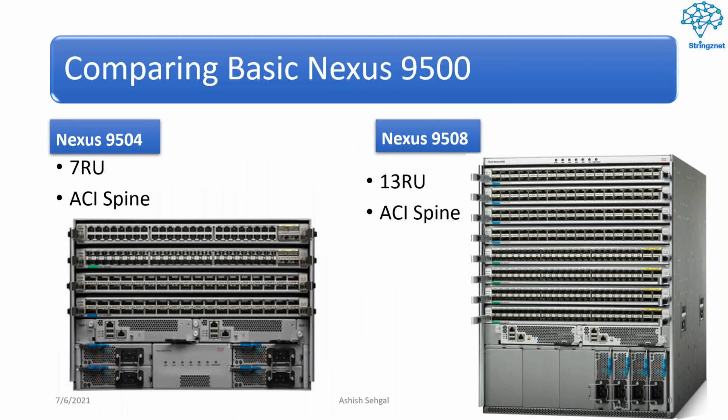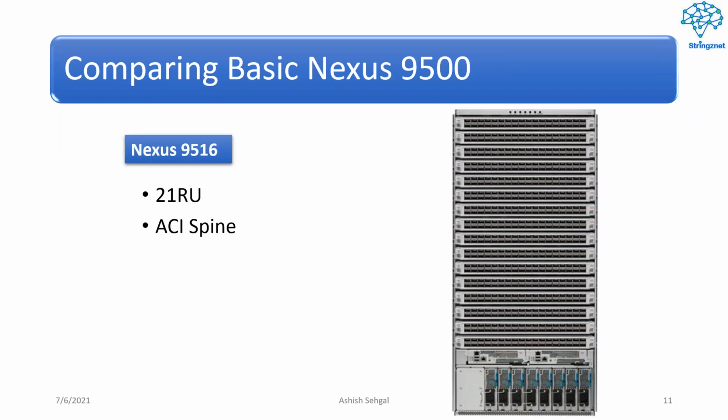So as I was saying, the Nexus 9500 series chassis: 9504, 9508, 9516. Dear friends, if you are really curious about knowing so much detail about the chassis hardware, I would recommend you go to Cisco Live.